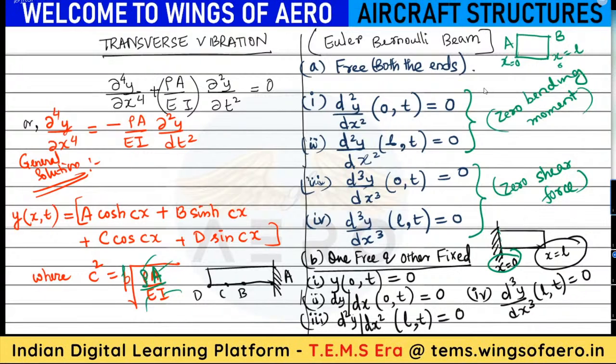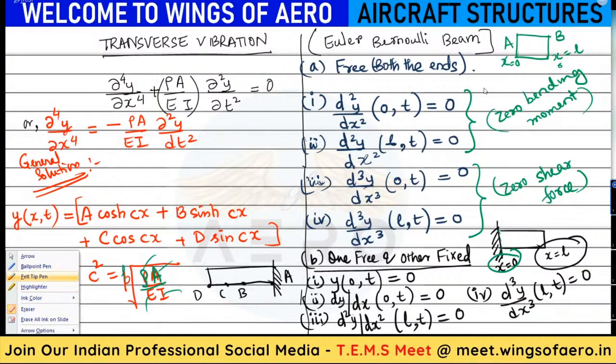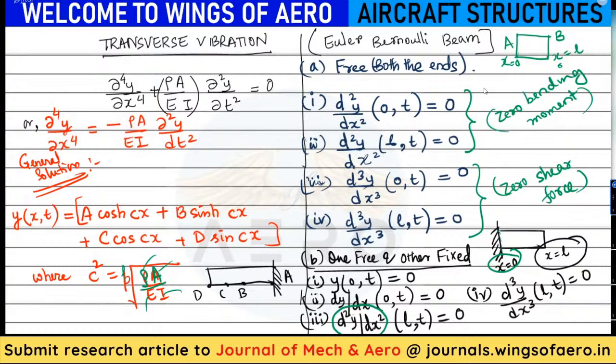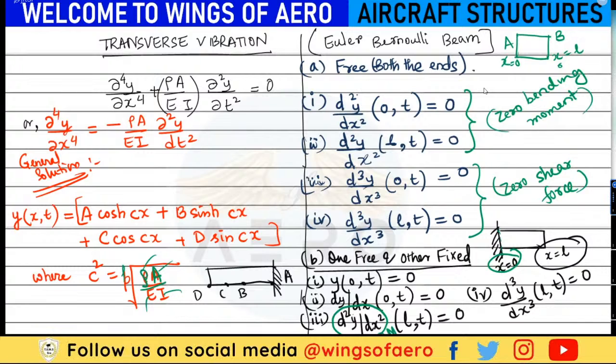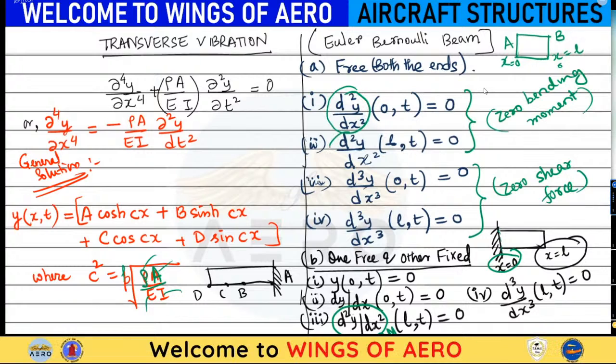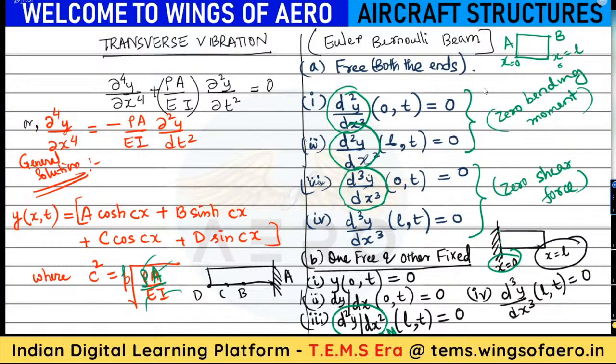Can you please explain the third one alone? The third one is d square y by dx square. It defines the bending moment. Wherever you see d square y by dx square, it defines the bending moment, and d cube y by dx cube defines the shear force.